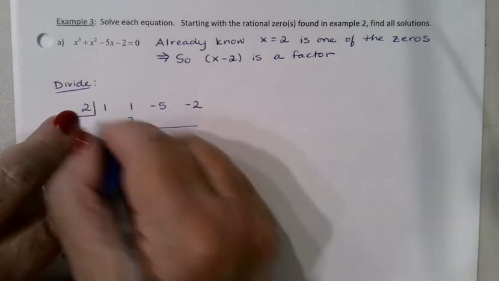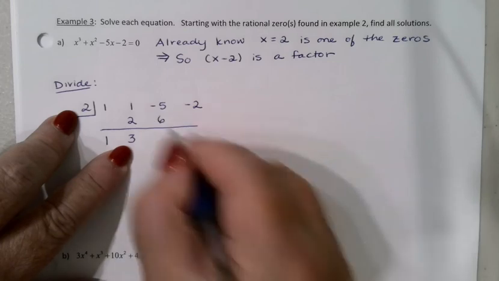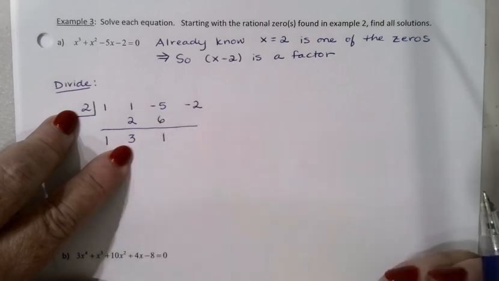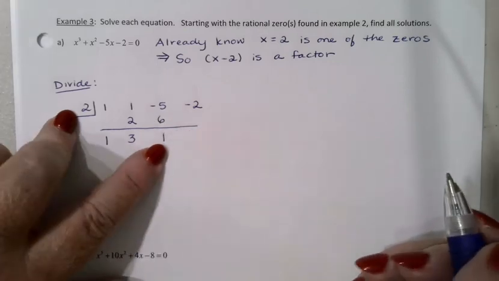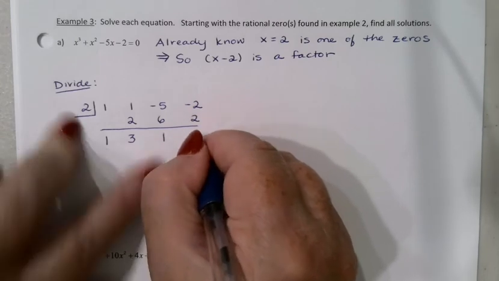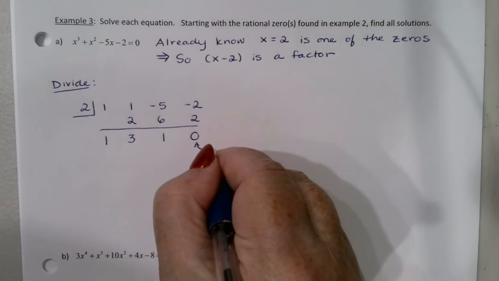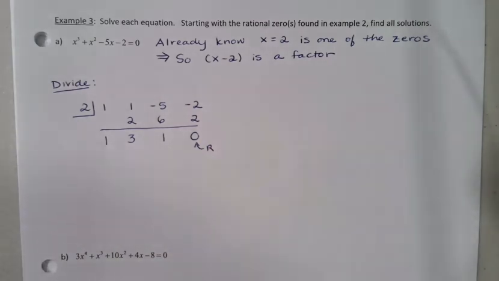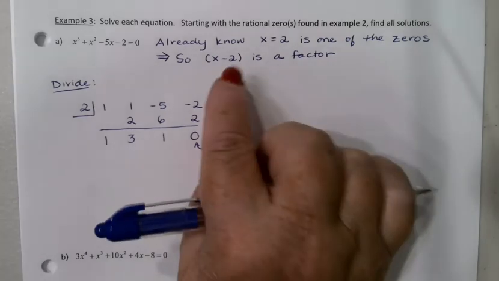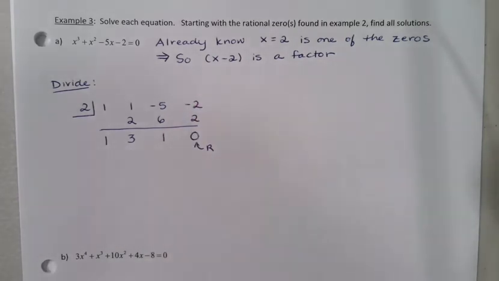Moving over, I multiply and add to get 1. Multiply is 2, and that adds up to 0. Remember, the last number is just a remainder, and when you're doing this process, that remainder should be 0 every time, because we already know we're dividing by a true factor of the polynomial.